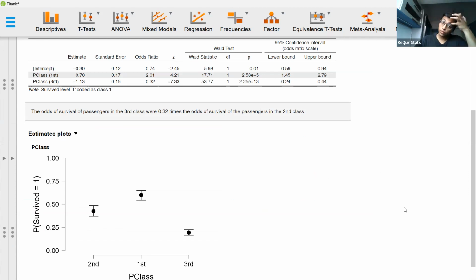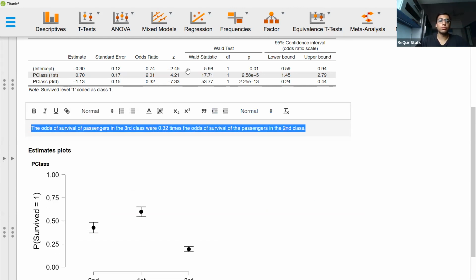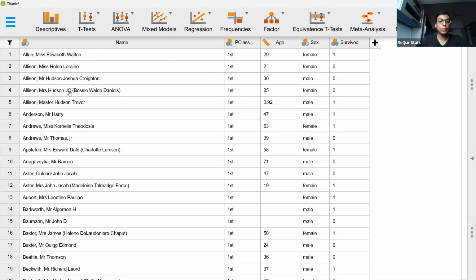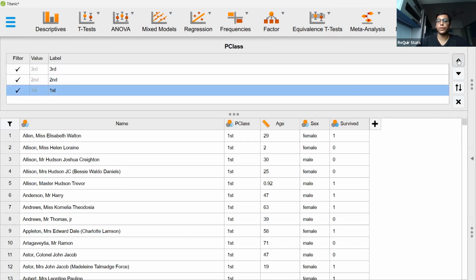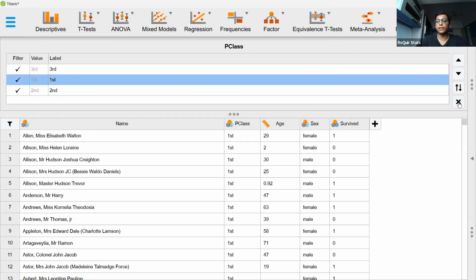Now, just to nitpick, it is oftentimes not very intuitive to interpret odds ratios between 0 and 1. So it is good if we get odds ratios more than 1. So let me now put third class as the reference group.